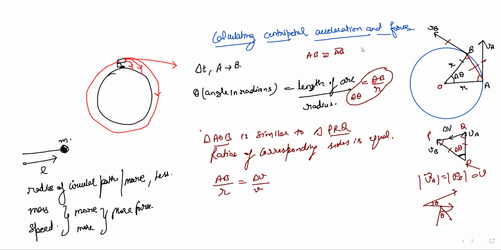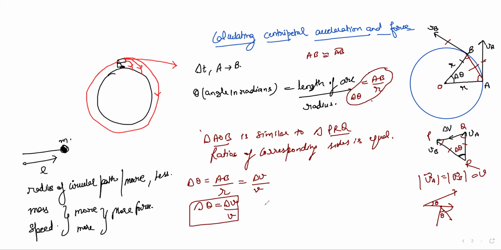Both will have the same ratio. But we know that AB by R is equal to delta theta. So can we write that delta theta is equal to delta V by V?